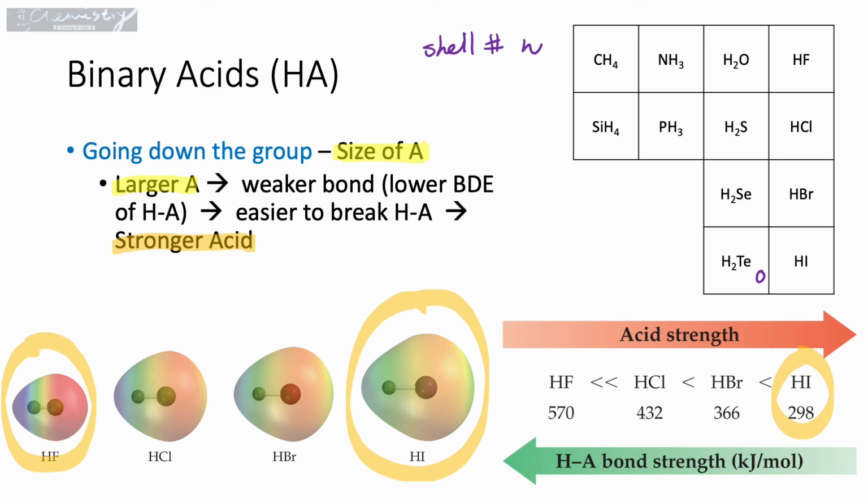So we can conclude that as we go down the periodic table, we are increasing our acid strength. So the strong acids are on the bottom, relatively strong acids, and the weak acids are on the top because the size is bigger down here. So weak acid.